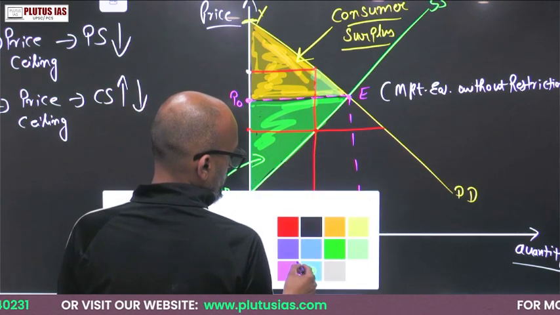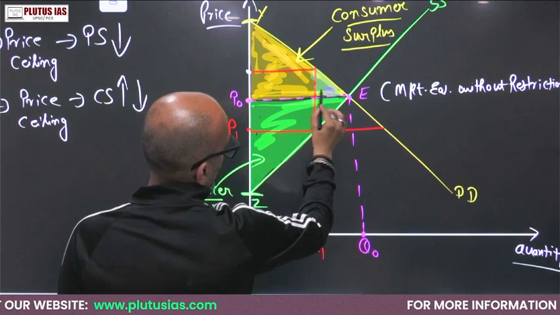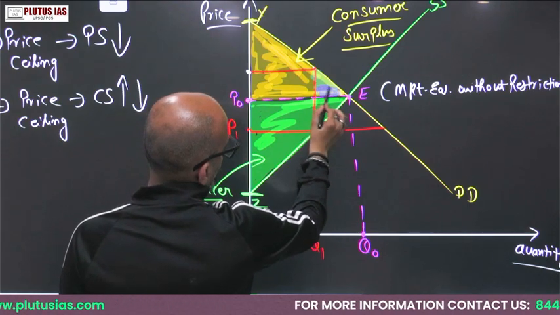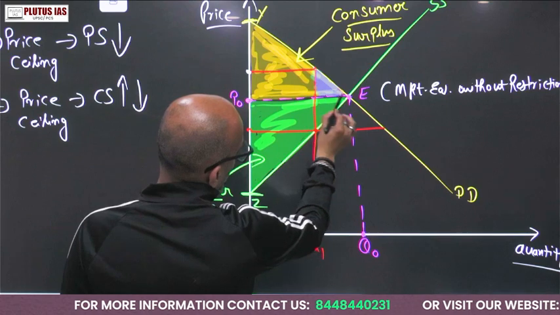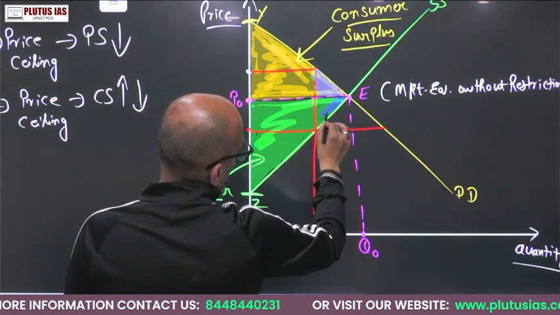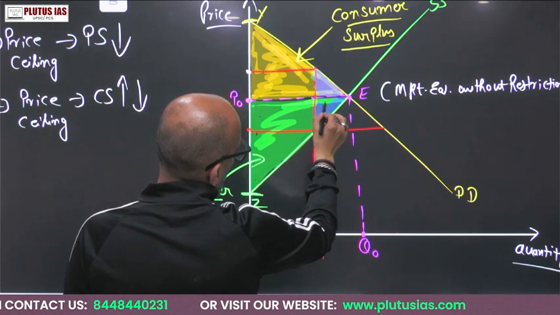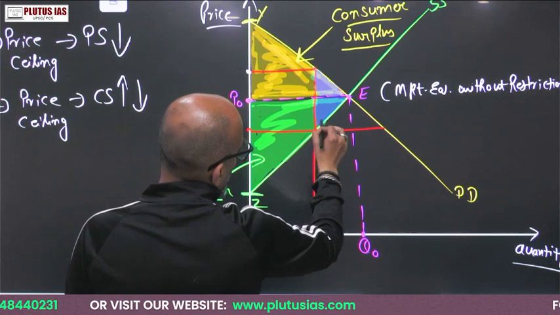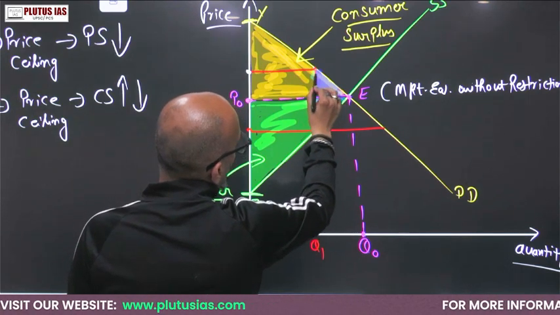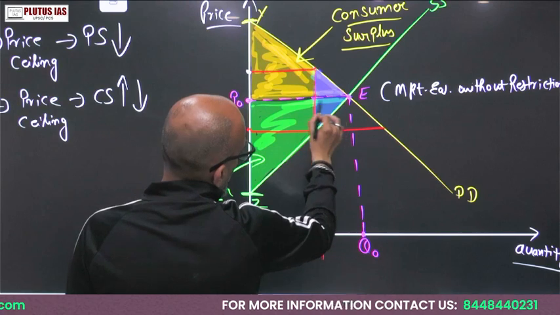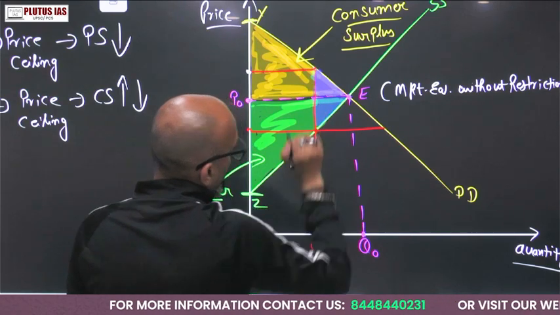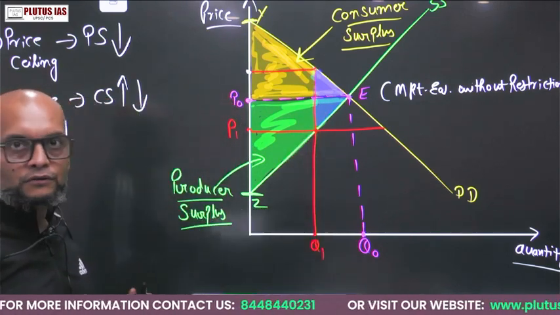Okay, so let me use another color. This color, yeah. Now is it visible? Yeah. Look at this triangle. And again, look at this triangle. The shaded region is not recovered either by the producer or by the consumer. Yes or no? Right or wrong?